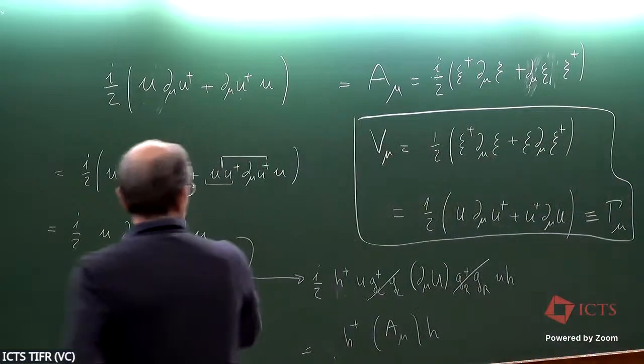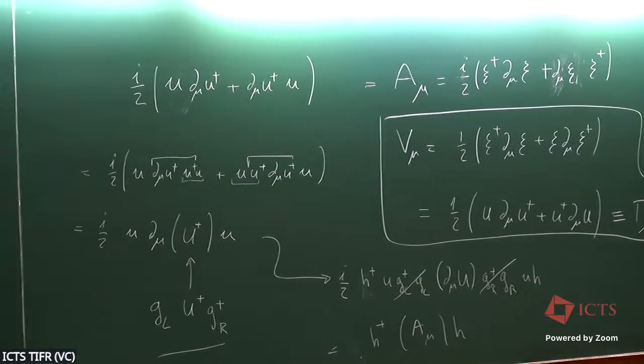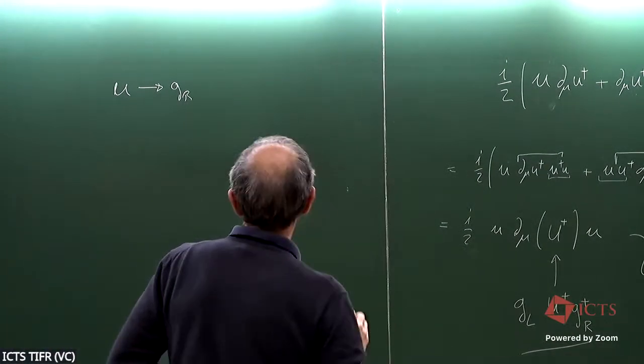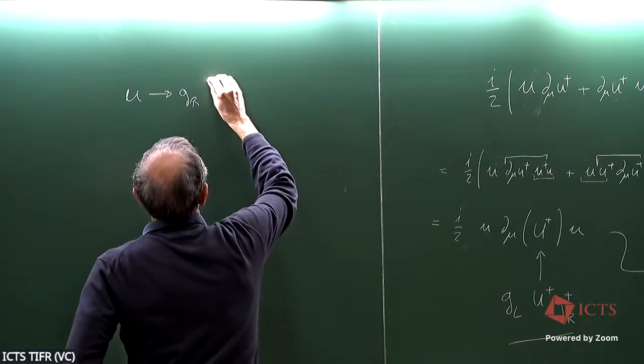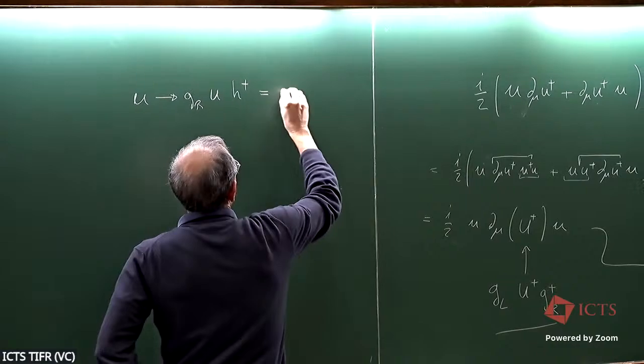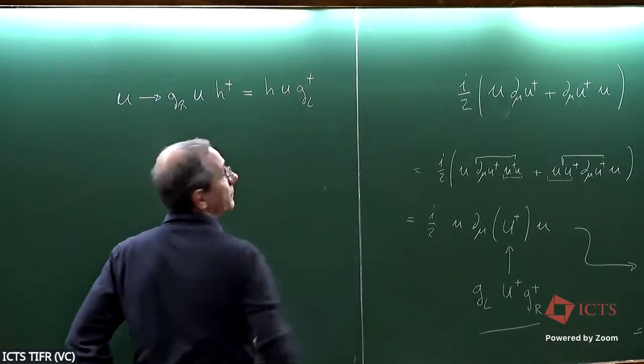Small u, so little u, transforms as G right u H dagger, but also as H u G left dagger.